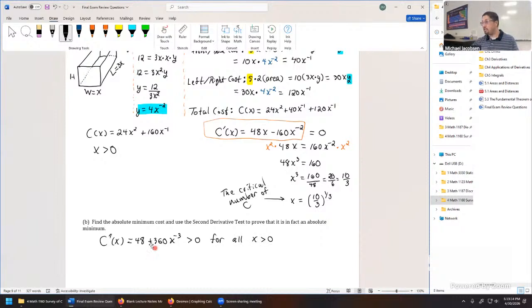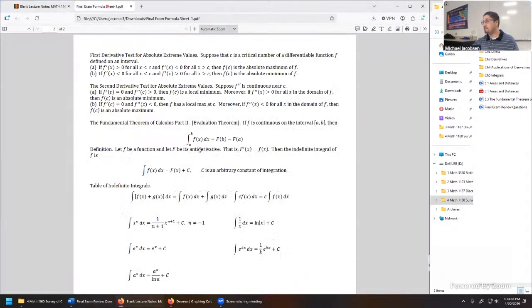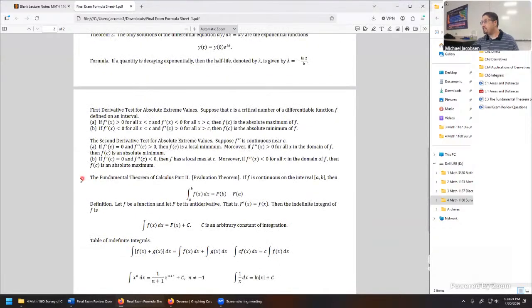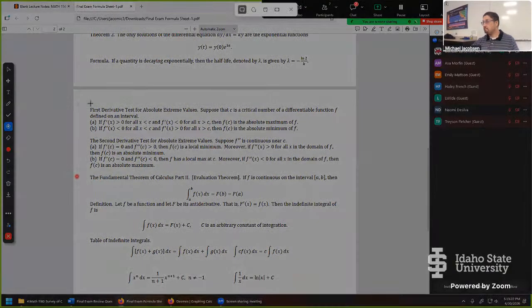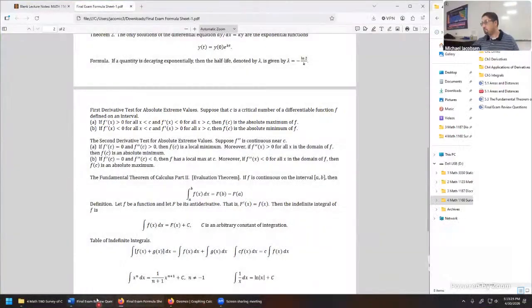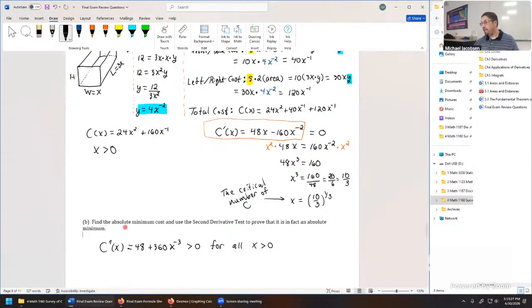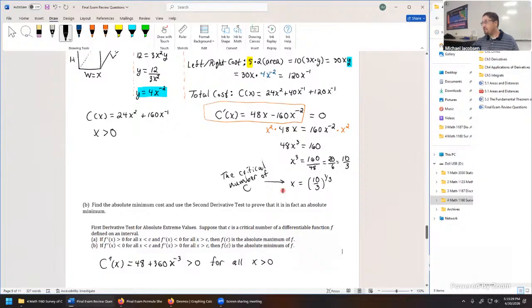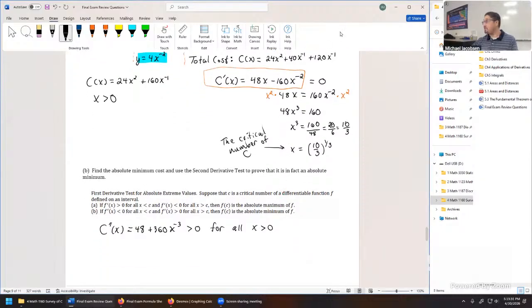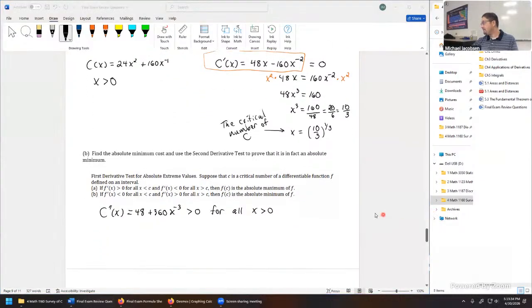So if we take a moment to consult our handout on the real final exam, here's the test that we're using. Let's bake it into the problem right here. And this gives us good information on what our next conclusion is going to be.